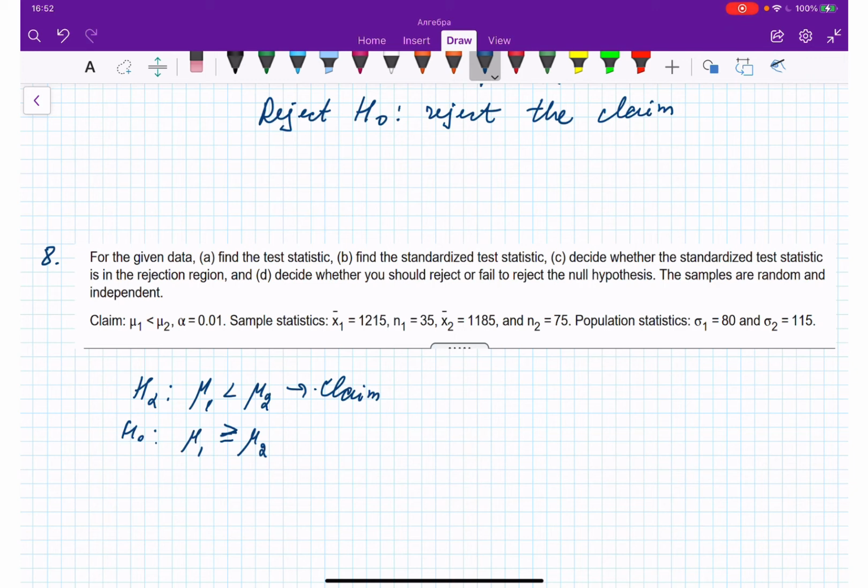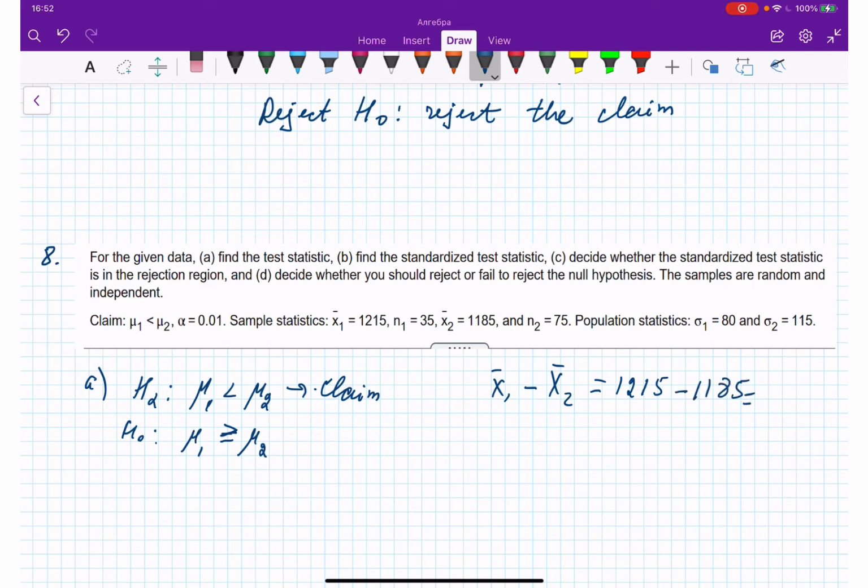Okay. So, since x bar, which is x1 and x2, are representing mu1 and mu2 accordingly, then the test statistic is going to be x1 minus x2, which is 1215 minus 1185.